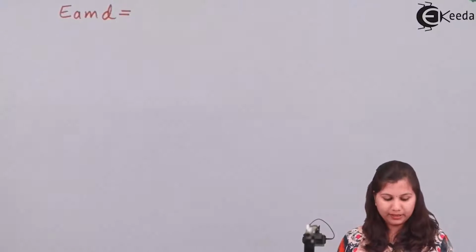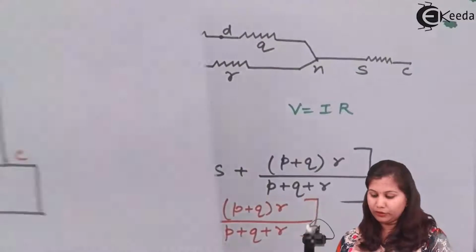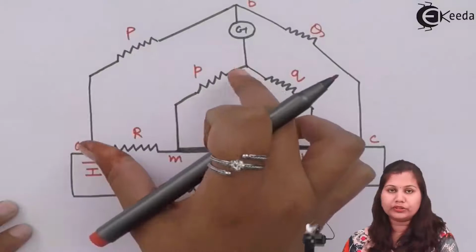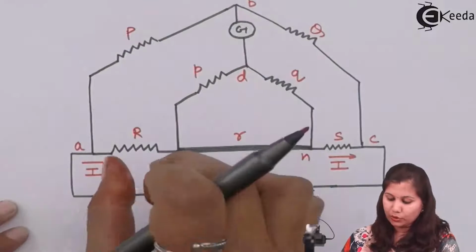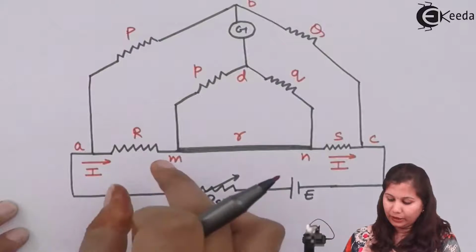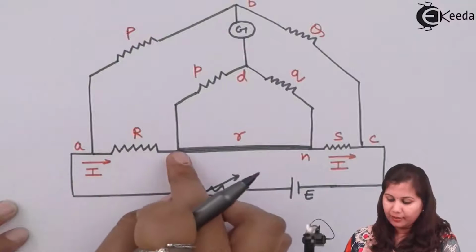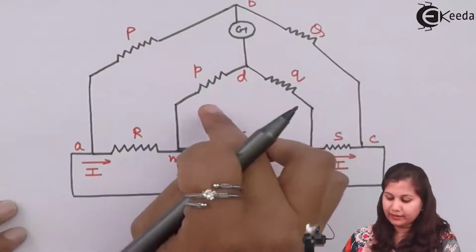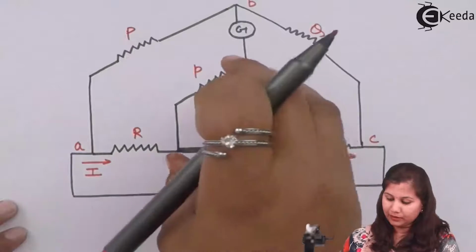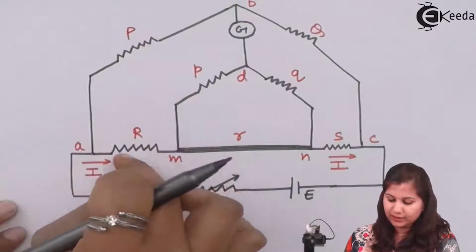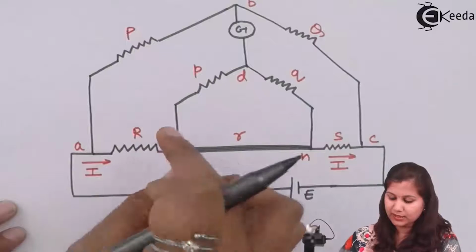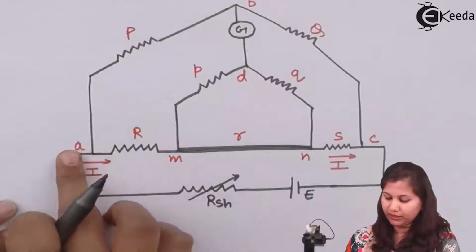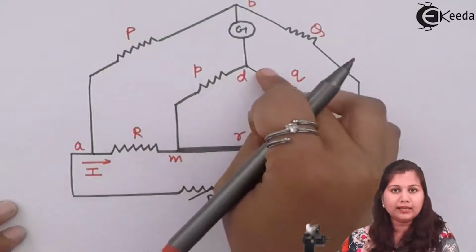Now EAMD will be equal to the current into the equivalent resistance. So the current will be I, and the equivalent resistance will be R plus P upon P plus Q. That is, we are going to add the voltage drop across this resistance plus the MD, that is EAMD will be equal to EAM plus EMD.